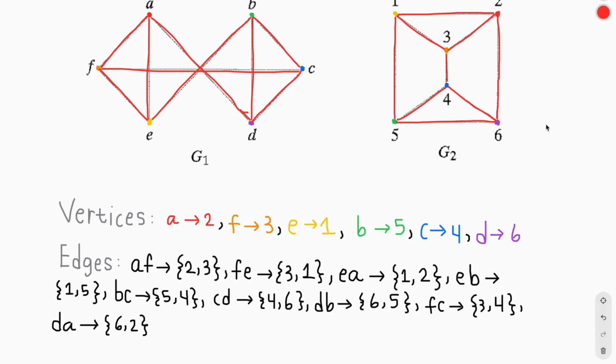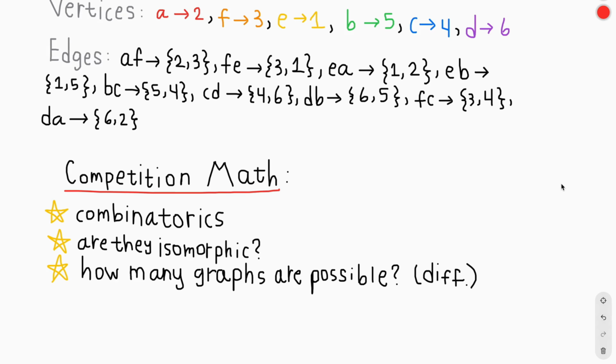Alright, now one final thing I want to talk about is how this relates to competition math. This could relate to combinatorics. There aren't necessarily going to be problems that specifically ask about isomorphic graphs.